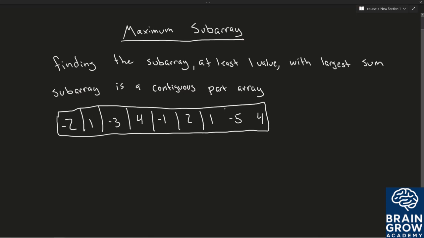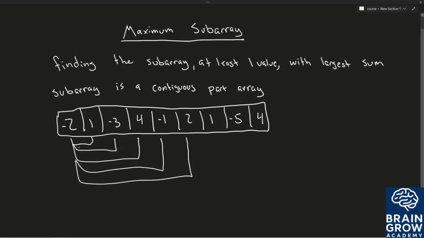So a subarray is a contiguous part of an array. So that means that the values are in order, right? So -2 to -3, that's not a subarray because you skipped over the 1. 2 to 1 would be 1, 2 to 3, 2 to 4, 2 to -1, and so on and so forth, all the way over here to the end.